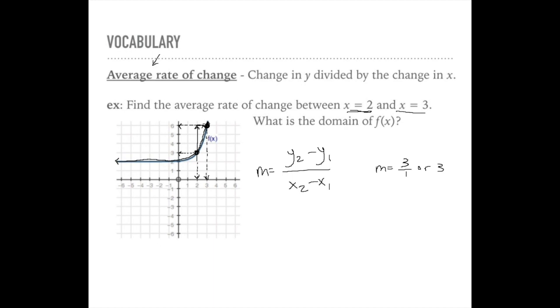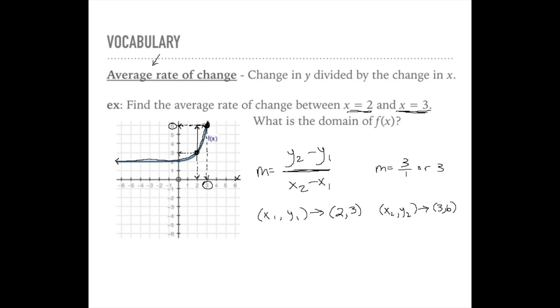If you want to go with the list of coordinates, x1, y1 and x2, y2: my first x was 2, which means when x equals 2, my y value was 3. For my second point, x2, y2, my second x was 3, and when x is 3, my y value is 6.